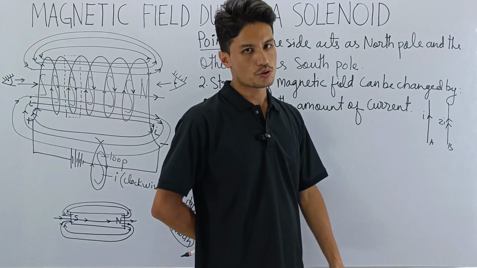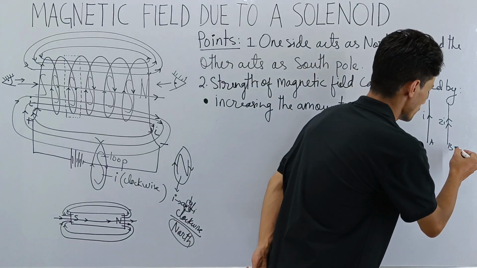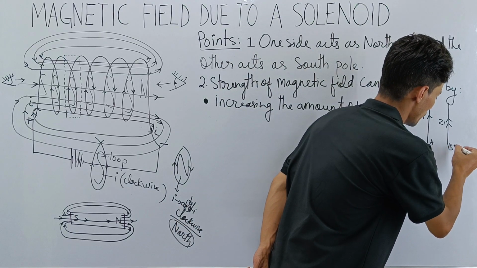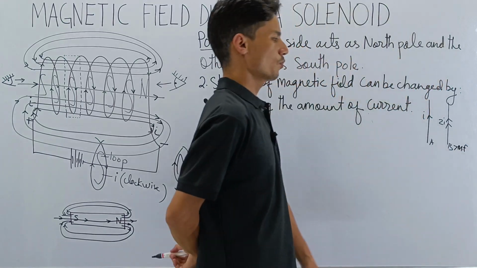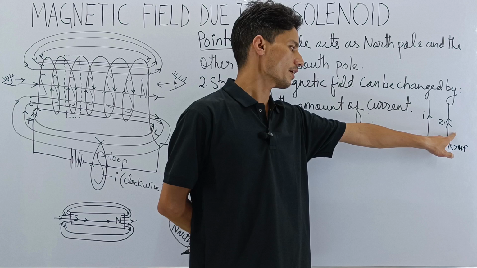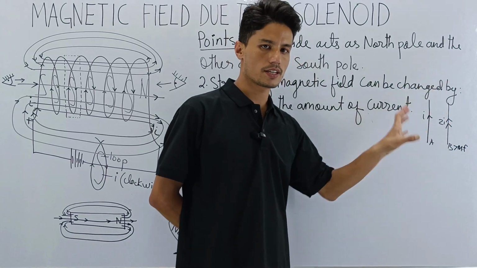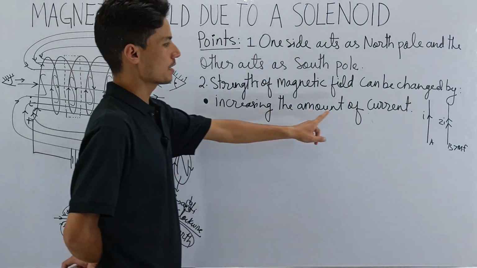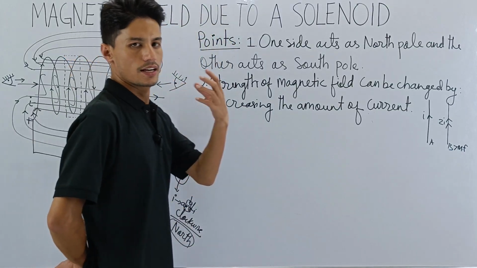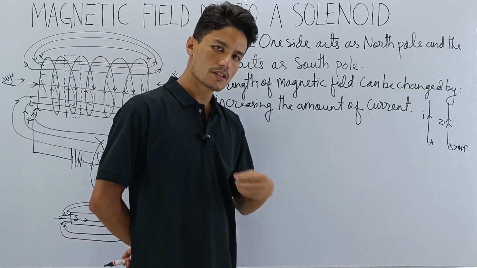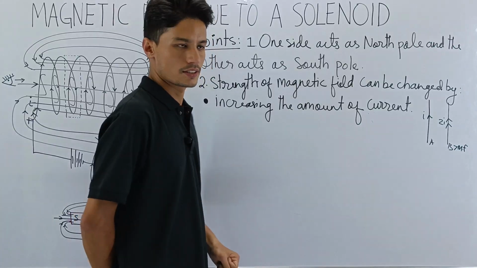Wire B will have the stronger magnetic field, because more current is passing through wire B. So remember, by increasing the amount of current, the magnetic field can be changed. Lesser the current, lesser the magnetic field. Stronger the current, stronger the magnetic field.